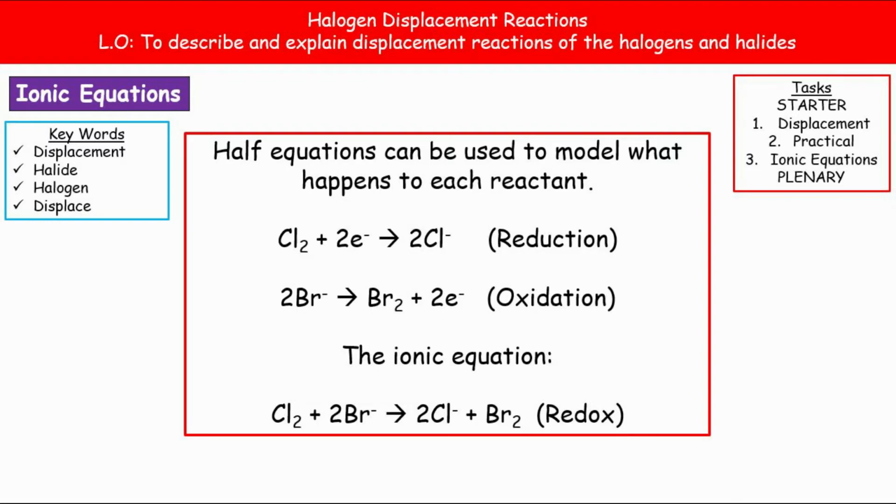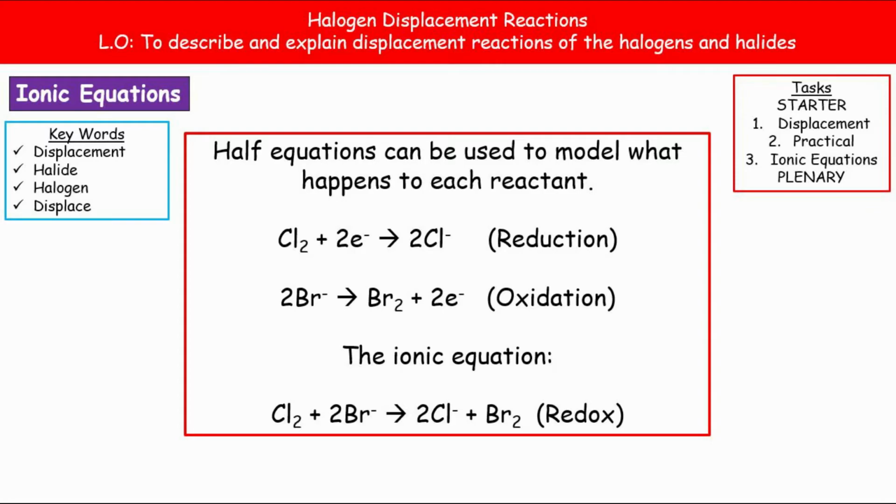Then for the ionic equation, we put them together without the electrons, because the electrons cancel each other out, so we ignore them. What we actually have in our ionic equation is we start off with our chlorine, Cl2, and we've got our bromide ions, plus 2Br minus.